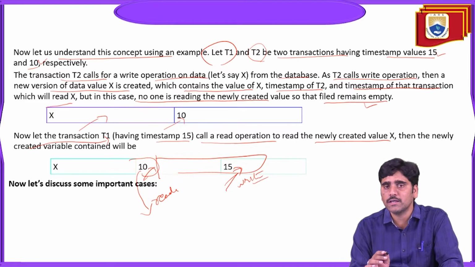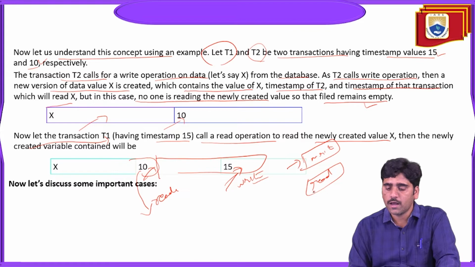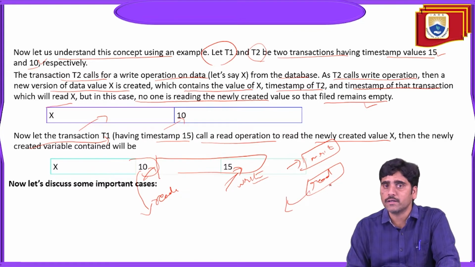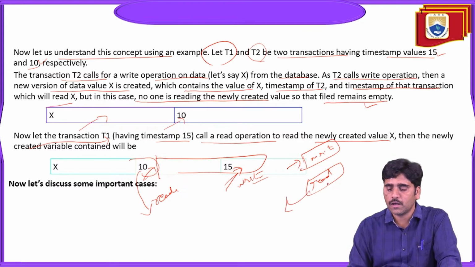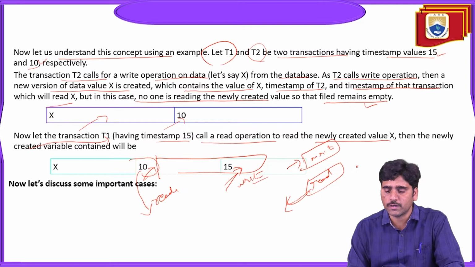So the multiversion protocol maintains all the transactions in the write timestamp as well as the read timestamp, along with the data item and the timestamp of the data item.